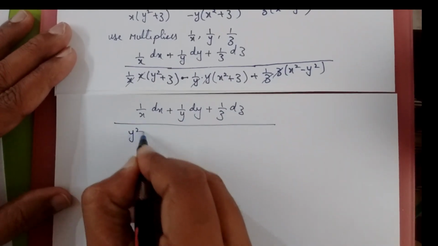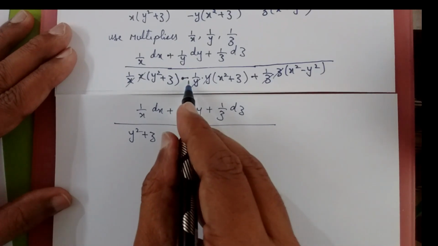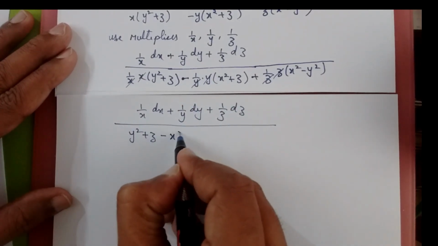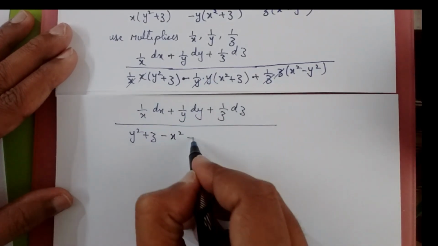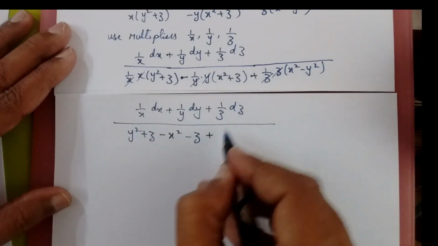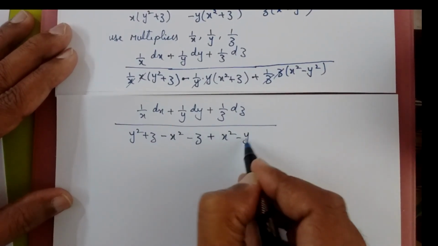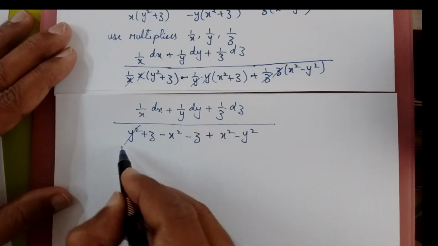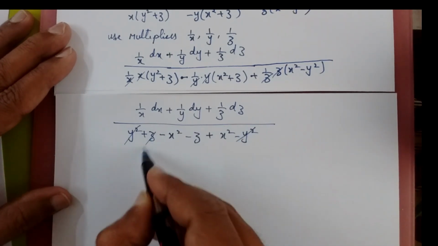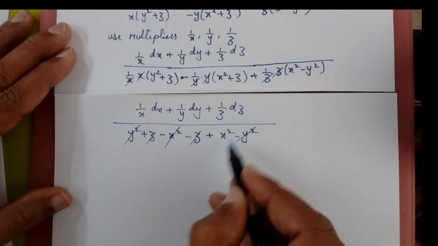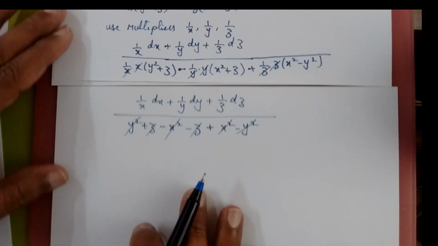so you have y square plus z here. A negative sign you can multiply inside, it is minus of x square. So minus into plus is minus of z, plus here you are left out with x square minus of y square. So y square minus y square, plus z minus z, minus x square plus x square will cancel out.